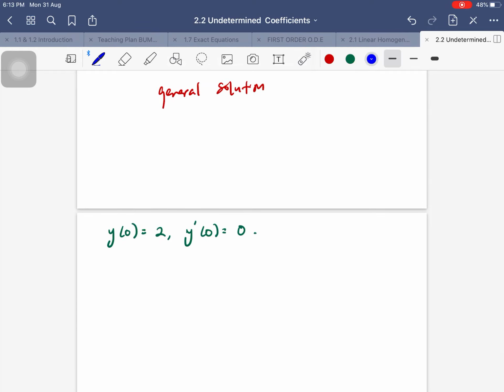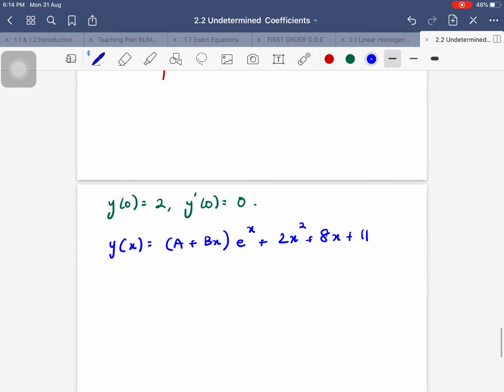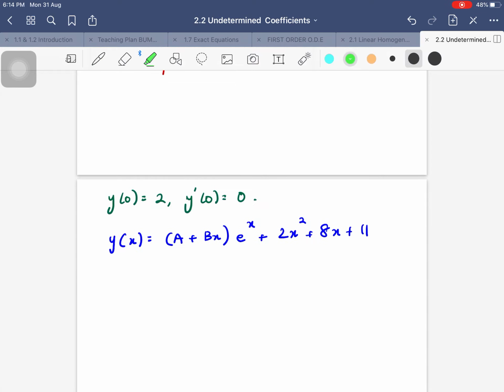Alright, so now let's start with the first initial condition, that is y(0) equals 2. I'm going to substitute into this equation. Let me write the equation. So y(x) is going to equal (a + bx)e^x + 2x^2 + 8x + 11. Now I'm going to substitute all the y and all the x.